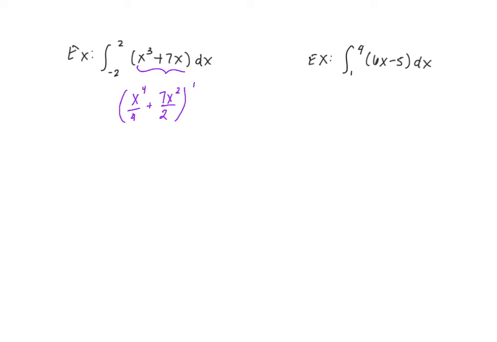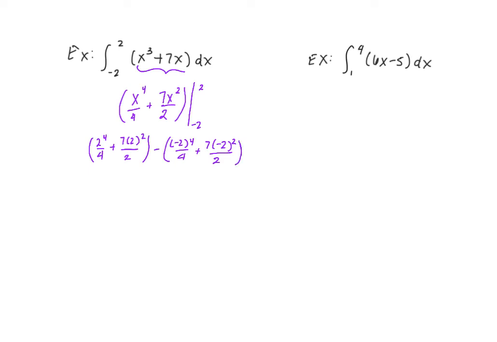And I'm going to evaluate that from -2 to 2. So I've got 2 to the 4th over 4 plus 7 times 2 squared over 2 minus (-2) to the 4th over 4 plus 7 times (-2) squared over 2.